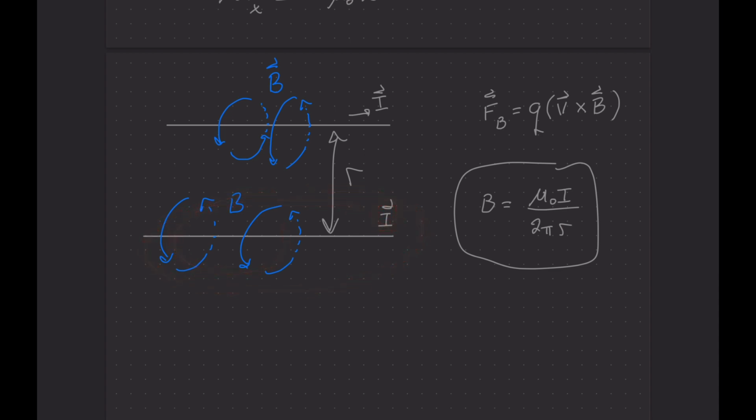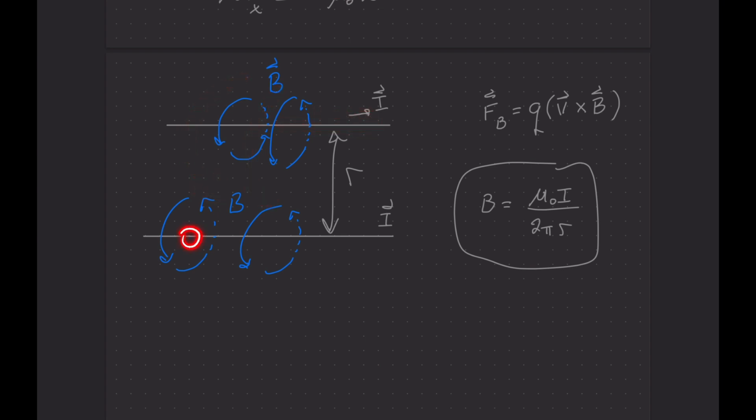Cool. If you have another wire nearby, this wire here, yes, it has current and it creates its own magnetic field, but think about what current is. Current is actually a bunch of charges with a velocity. So there's a bunch of charges inside this wire, and they're all going this direction. Because of this equation, we can calculate the force that each one of these particles feels due to the magnetic field of the other wire. Let's point our thumb in the direction of current, and we will see the magnetic field wraps around this way.